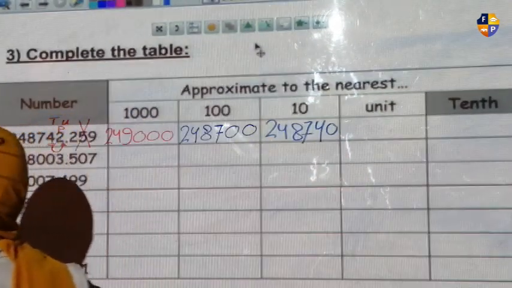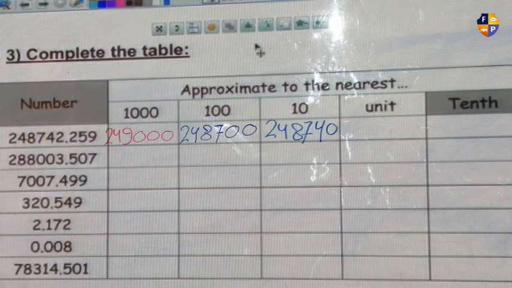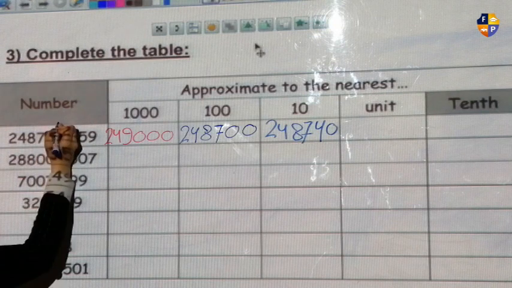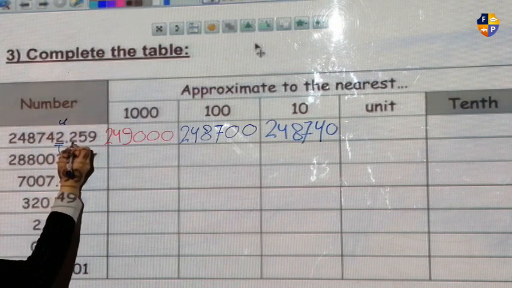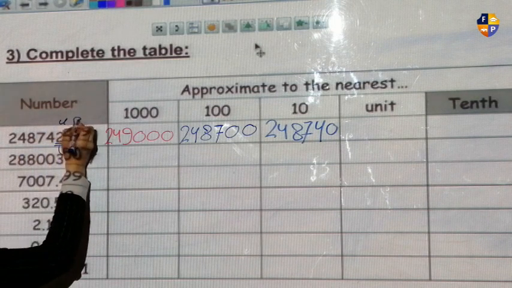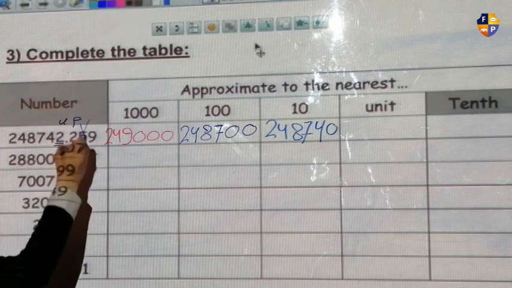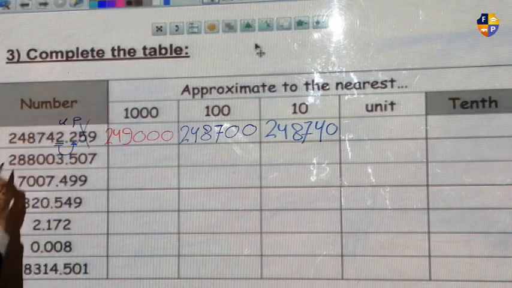And now I will approximate it to the nearest unit. Underline the digit in units. Look at the digit before units in 10th place. Okay, 2 is poor. So, I will remove the decimal part and keep the whole number as it is.